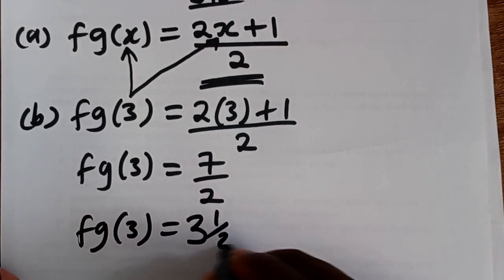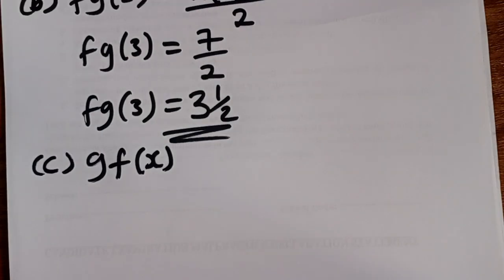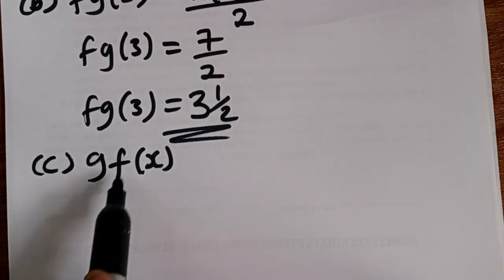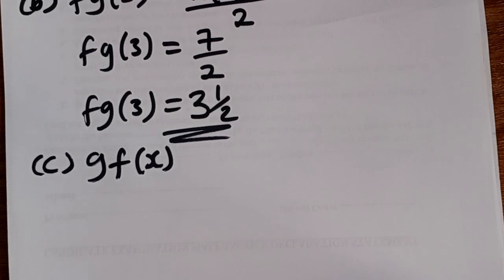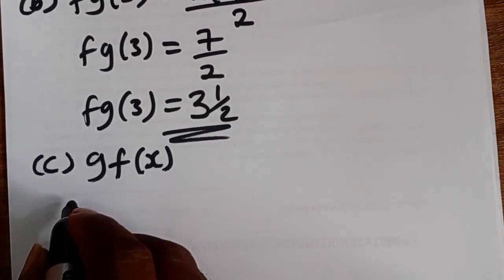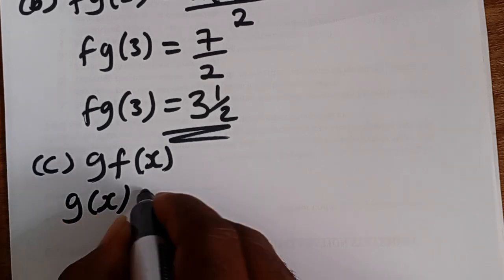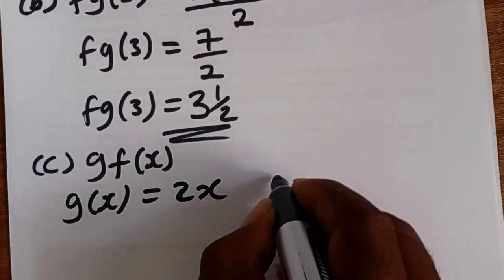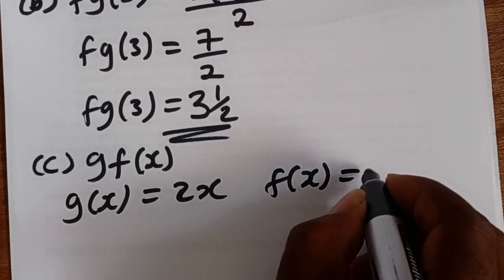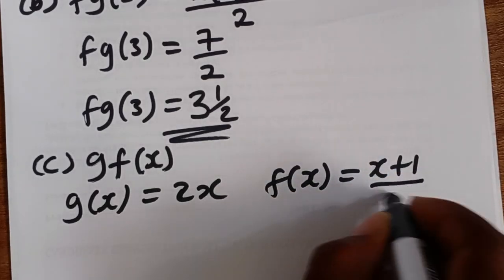So our fg of 3 is equal to 3 remainder 1 over 2. Then part C, we have gf of x. So what does this mean? This means that f has been swallowed by g. So we have g of x is 2x, f of x is (x plus 1) over 2.